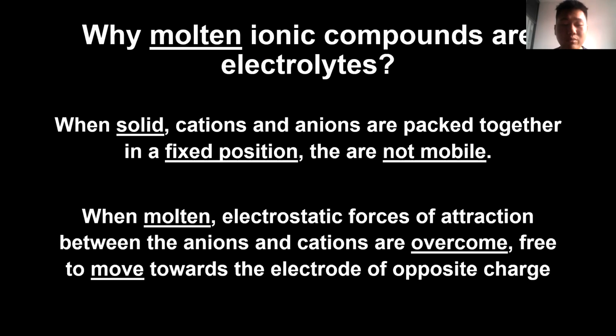So they are free to move towards the electrode of the opposite charge. The positive cations will be attracted to the negative electrode, and the negative anions will be attracted to the positive electrode. That is why ionic compounds in a molten state can be electrolytes.